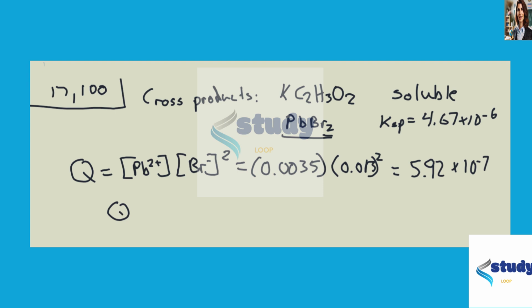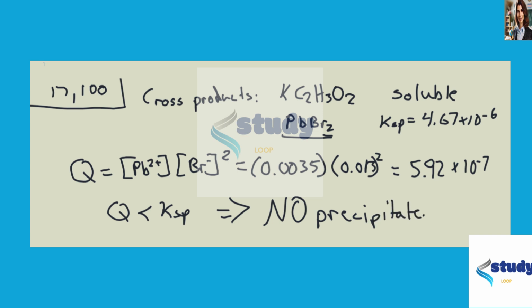So we can see from here that Q is less than Ksp. And so what this means is that we have no precipitate. Precipitation will start when Q equals Ksp and will continue when Q is greater than Ksp.